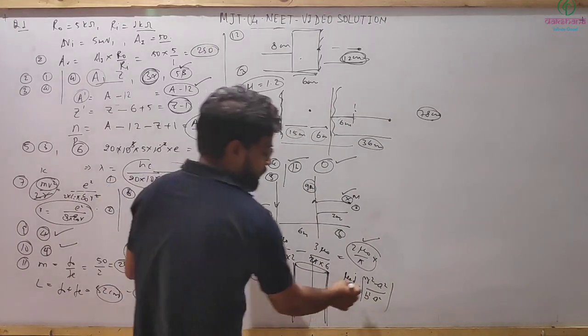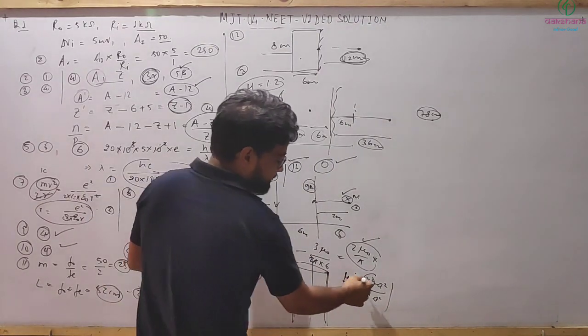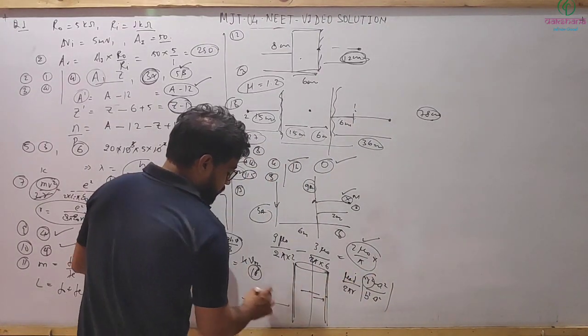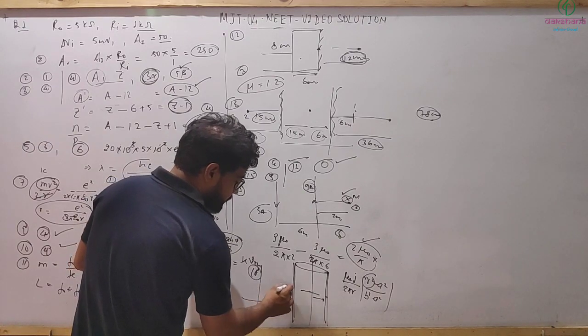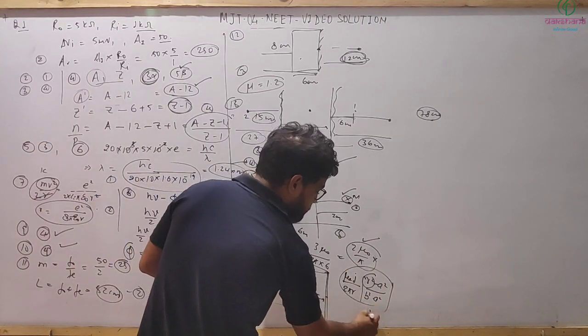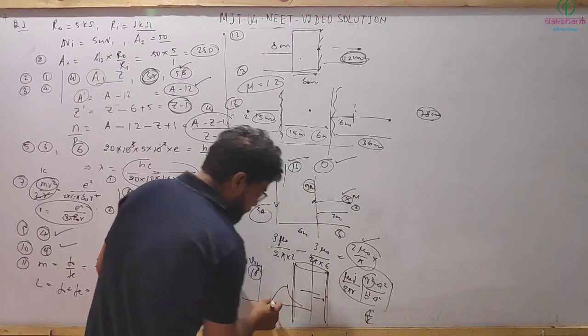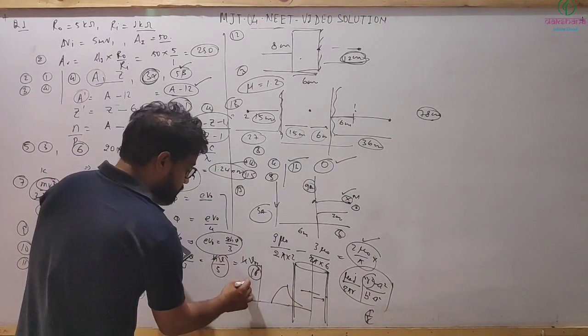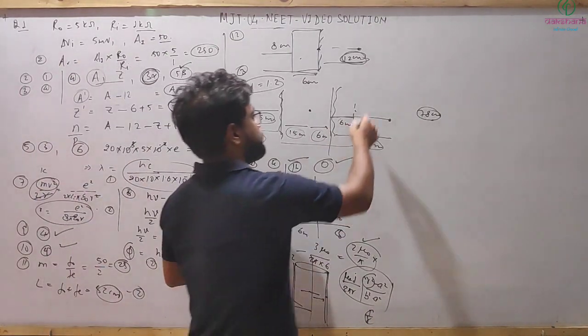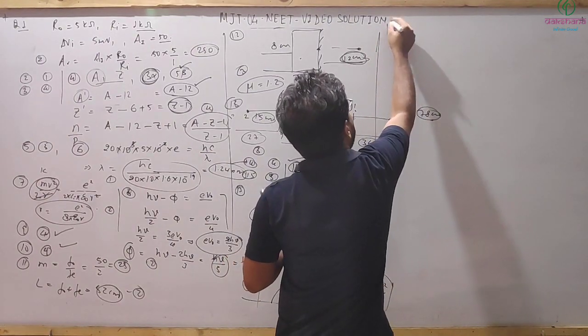So this is the variation, it will increase. Up to here it's 0, then it increases, and after that it will be inversely proportional to R, so it will be simply like this, which is matching with option number 2. Question number 18. Next question number 19.